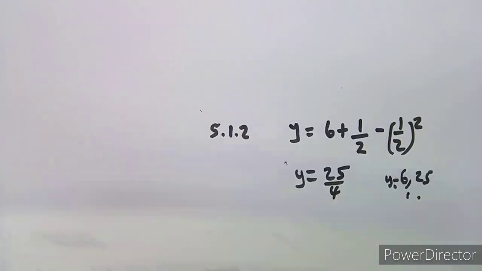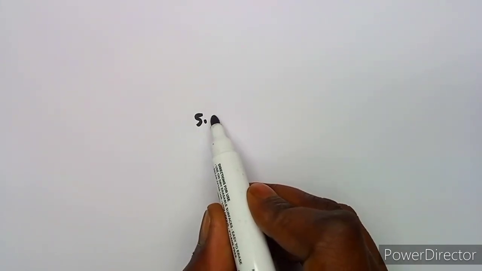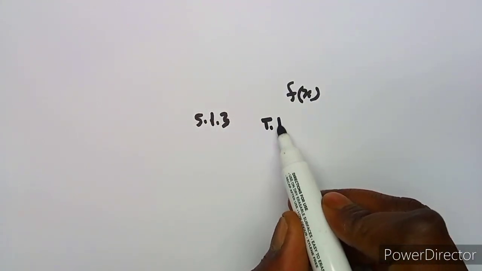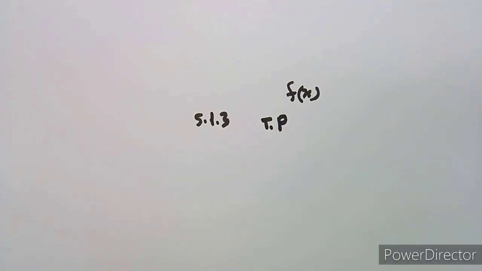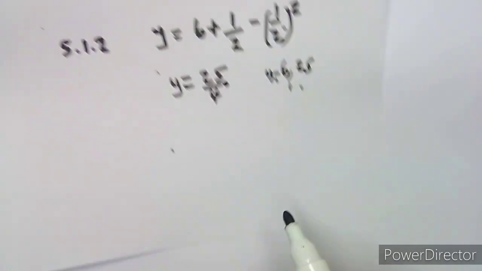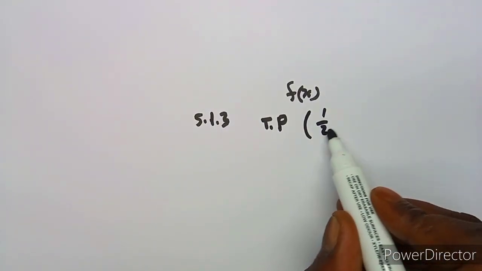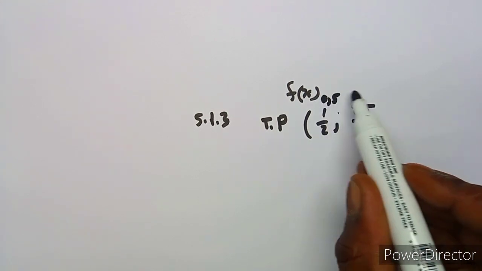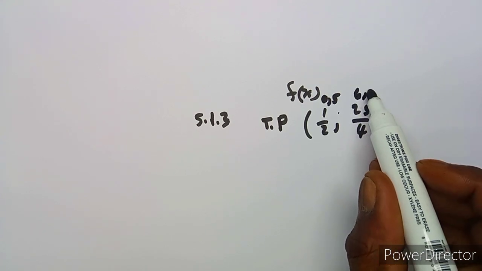Okay, so for you to draw these graphs, so far, on f of x, the only thing that we have is the turning point, because we calculated the value of x at the turning point, which was 1 over 2, and the value of y at the turning point, which is 25 over 4, which is actually 0,5 and 6,25, something like that. You can just write it that way.